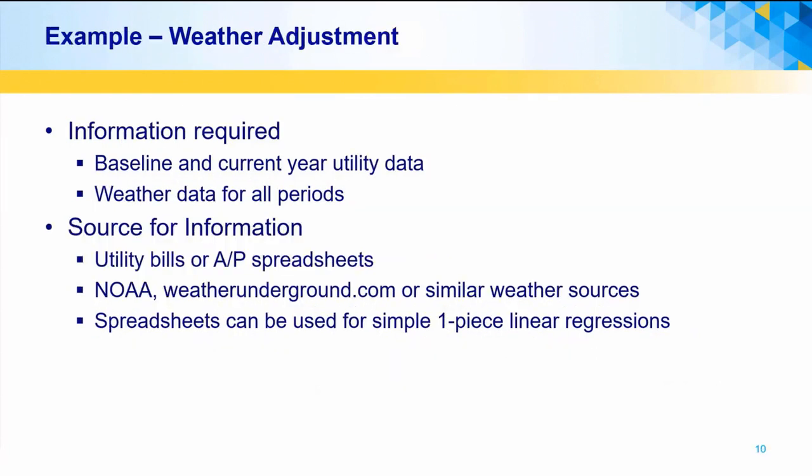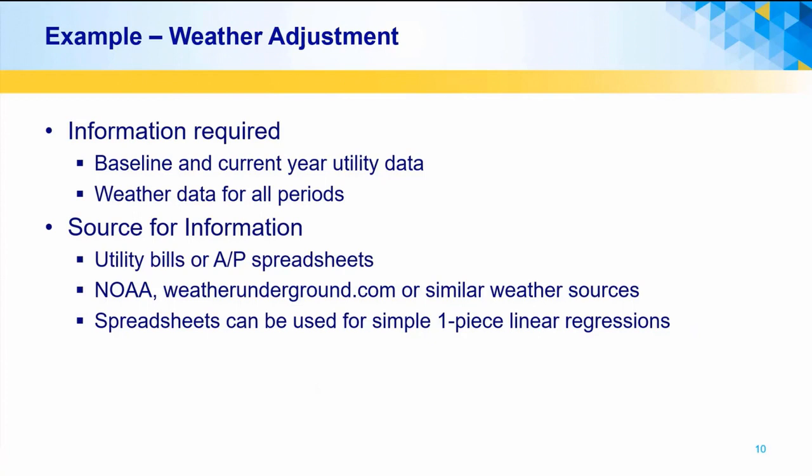Example, weather adjustment. Weather adjustments require usage and temperature data for the baseline period and for the current performance period. This can come from the bills, accounts payable, weather services, and on-site sensors installed with control systems. Least squares calculations can be done with one-piece linear or piecewise linear formulas.